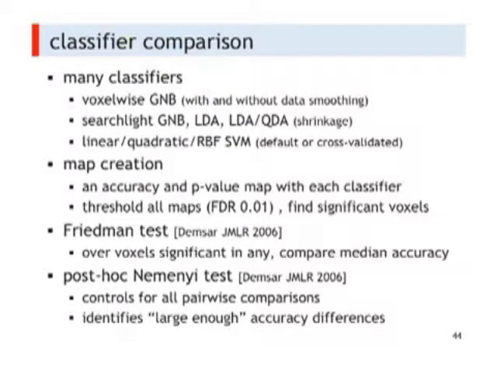This is more if you care about doing many comparisons of classifiers. All that it says is I can do this for many classifiers. I can find which voxels were significant in any of them, and then compare across those voxels what accuracy each classifier gets on each one of them, and turn that into saying a certain classifier is better than another classifier across everything that's significant on any map.